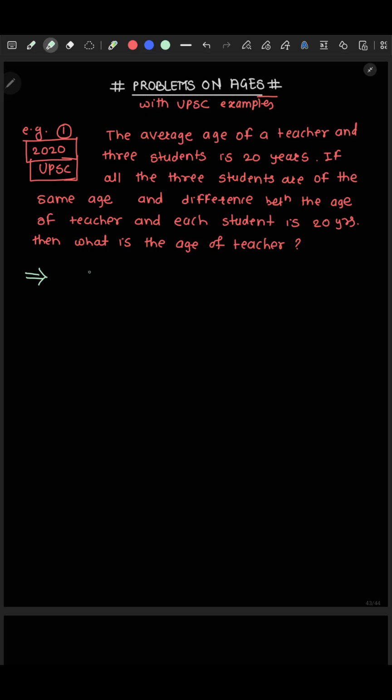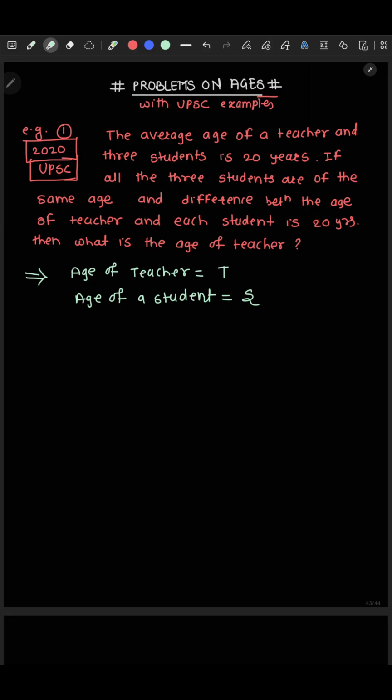When you start reading the problem statement, read the first statement carefully. The average age of a teacher and three students. Let's consider the age of the teacher is equal to T and the age of a student is equal to S. Now it is three students, right?